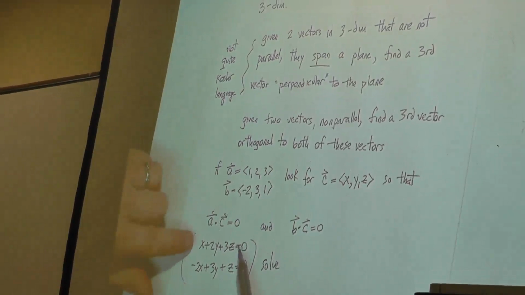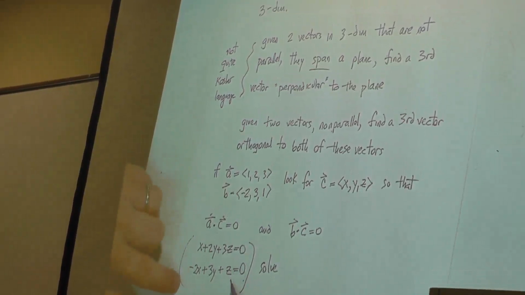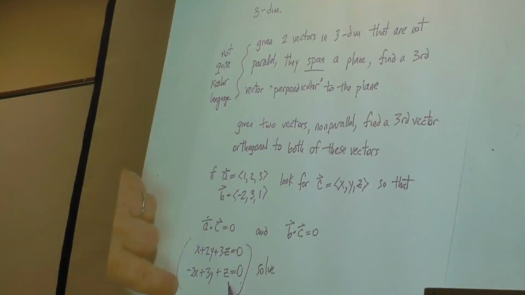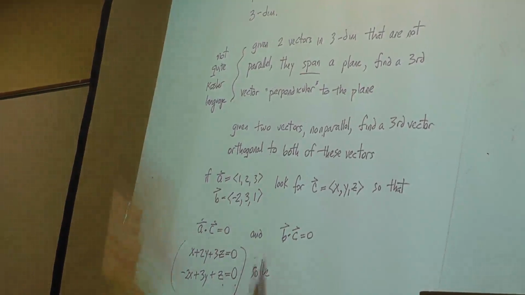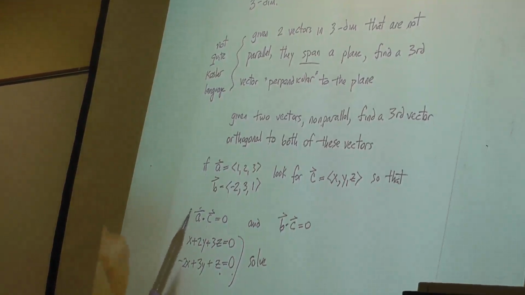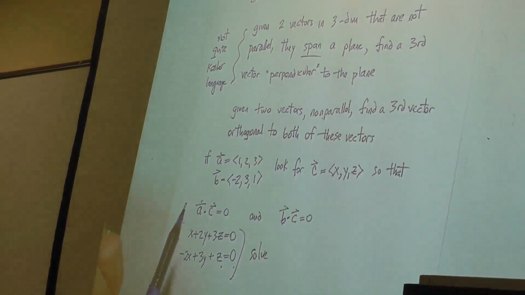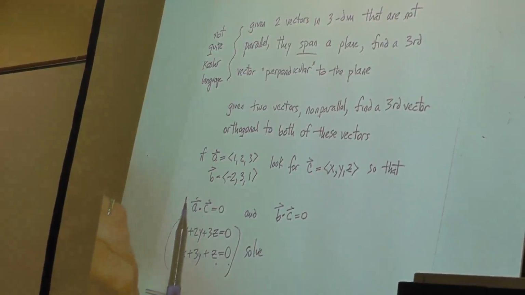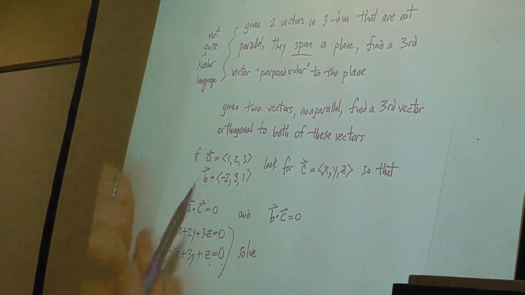Well, this is 2 equations, 3 unknowns. How many solutions? Infinitely many solutions. Well, that makes sense.